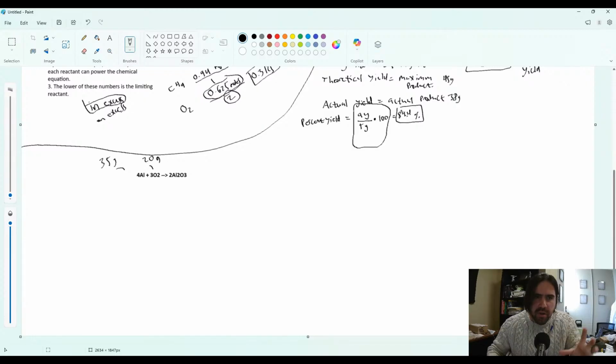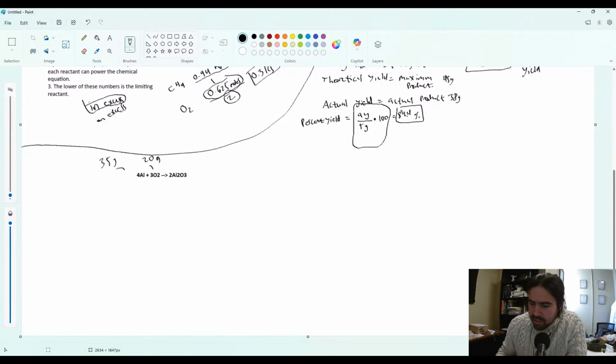If I'm using up aluminum and oxygen, and let's say that I have more aluminum than I have oxygen, just because I have more leftover aluminum doesn't mean that I can keep producing stuff after the oxygen is gone. The limiting reactant signifies the end of the reaction. So when I'm trying to figure out what the theoretical yield is, I have to use the moles of the limiting reactant.